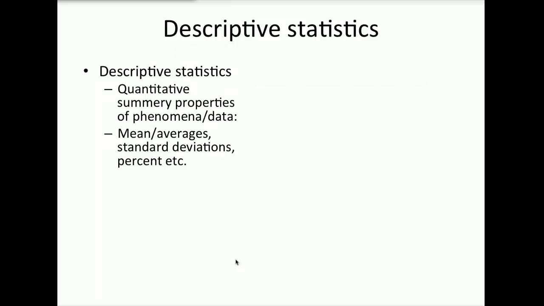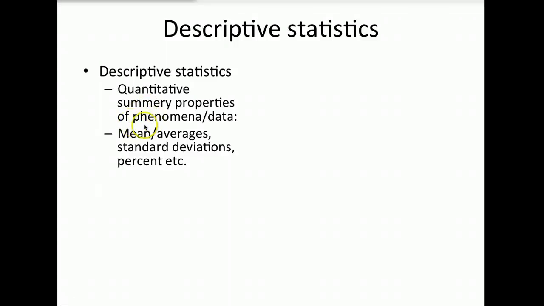As I mentioned before, descriptive statistics are different kinds of ways of quantitatively summarizing some properties or characteristics of some sample data, some data we have collected or that has been collected in an experiment.